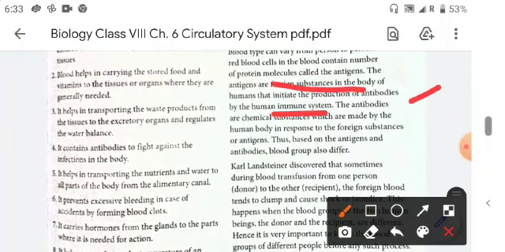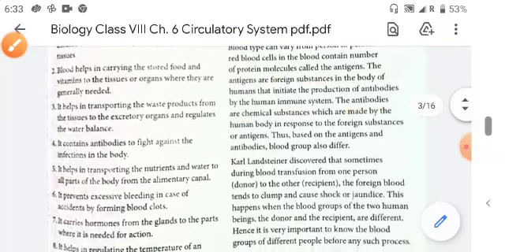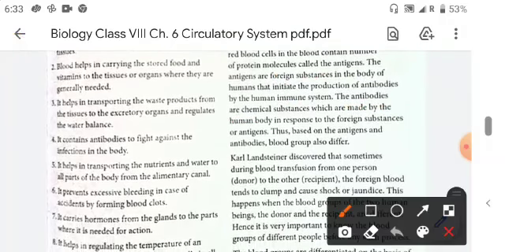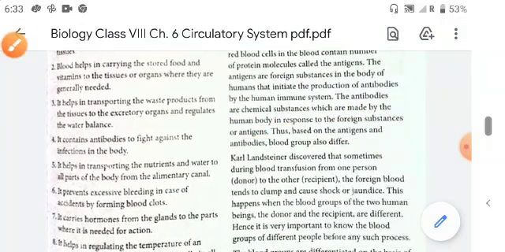When there is an antigen, then antibodies will be produced. Antibodies are chemical substances made by the human body in response to foreign substances or antigens. Thus, based on the antigens and antibodies, blood groups also differ.